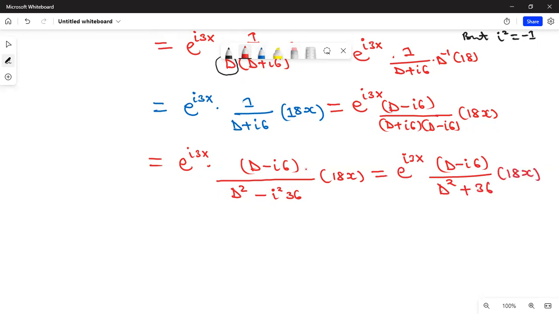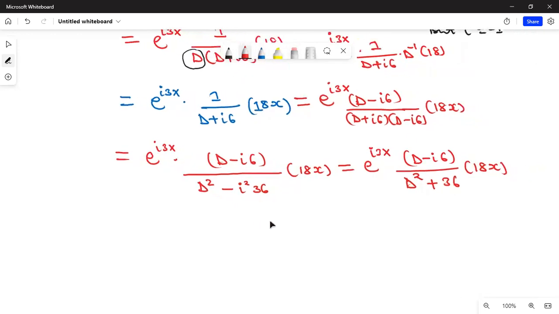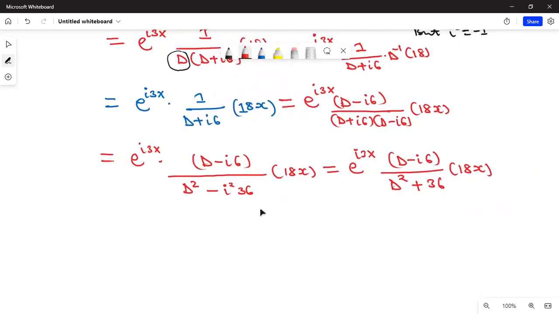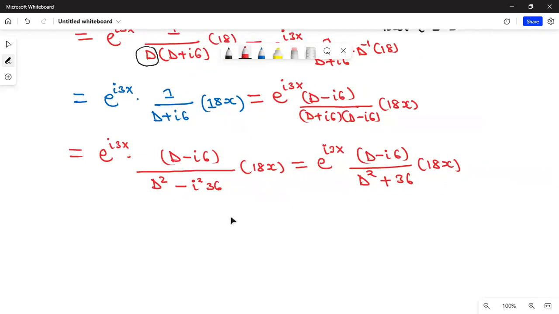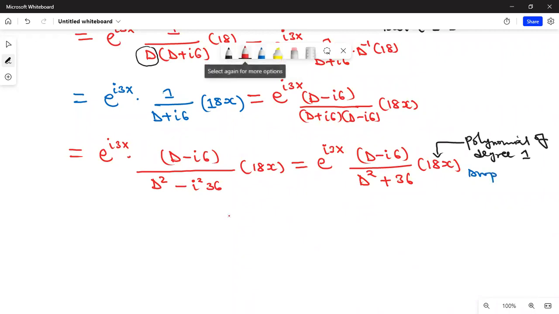18x is a polynomial of degree 1. So you can comment on this and say this is a polynomial of degree 1. And look at D squared. 2 is greater than 1. So we are going to drop the term containing D squared.